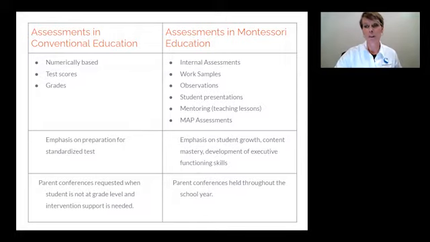In a Montessori learning environment, daily assessments are happening throughout, such as through internal assessments, work samples, classroom observations, student presentations, mentoring or peer lessons, and then at Starwood Schools, we utilize MAP assessments as one tool.